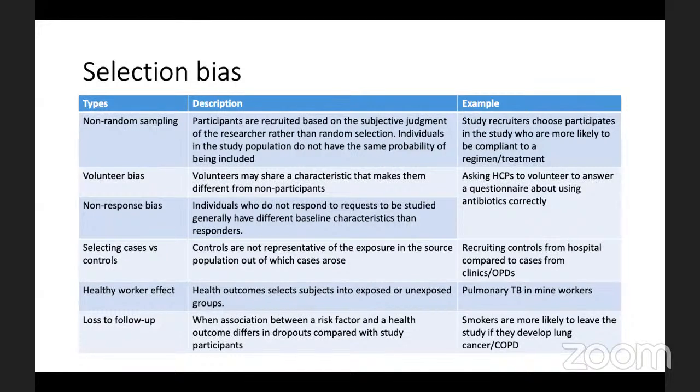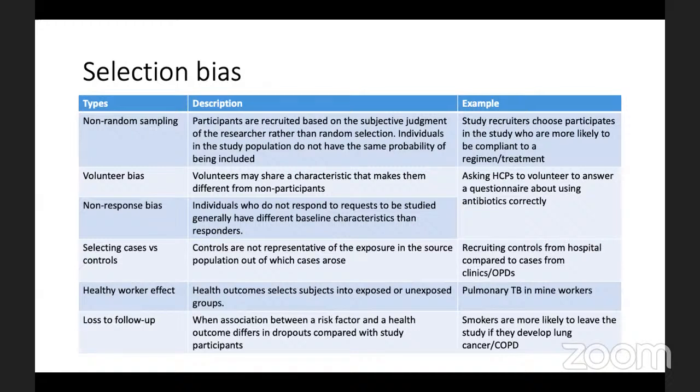So for instance, if we use an example of asking healthcare professionals to volunteer to answer a questionnaire about antibiotics correctly, those who volunteer may be different from the base population in that they may have a special interest in infectious diseases, and thus know more than the average general population of doctors that we are including in the study. And then in the same respect, those healthcare professionals who choose not to respond to the questionnaire may feel inadequate in their knowledge or experience on the matter. And so they share that characteristic.